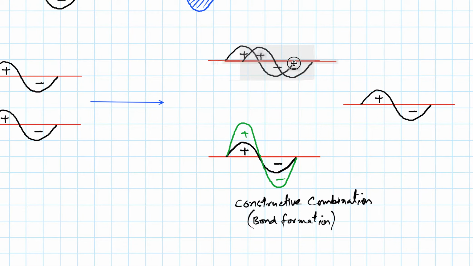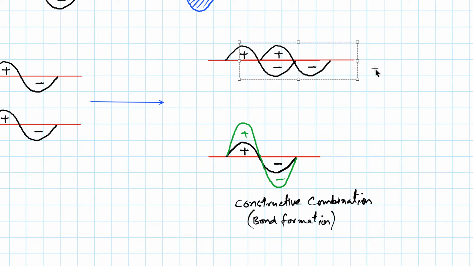If they come close to each other in such a way that the positive phase is coming in front of the negative phase, there is no reinforcement of crest with crest and trough with trough. So what will the result be? These two parts of the waves, positive opposite to negative, will just cancel each other.